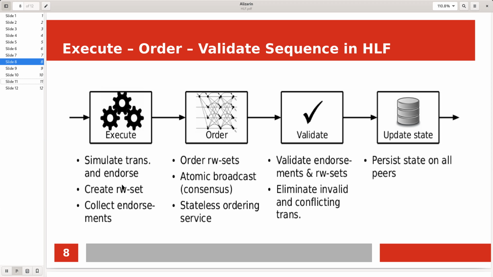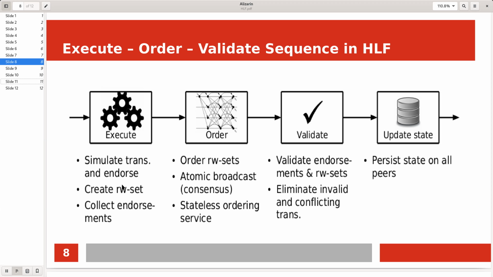So basically they exchange the results between themselves, confirming that the results are correct. It doesn't, by the way, mean that the results need to be identical. It is quite possible that non-deterministic smart contracts are executed. Nevertheless, the results are endorsed by this amount of n, and for example some kind of average is obtained as a result of this non-deterministic execution.